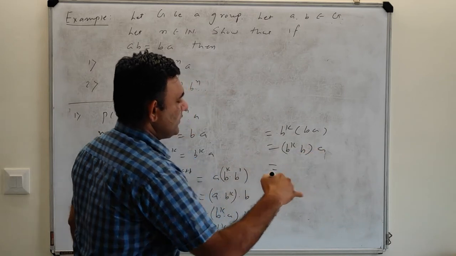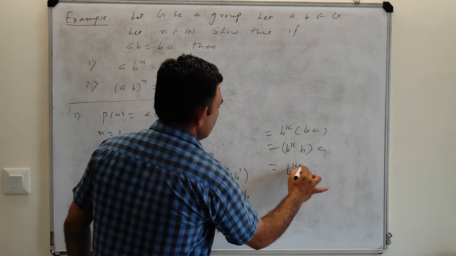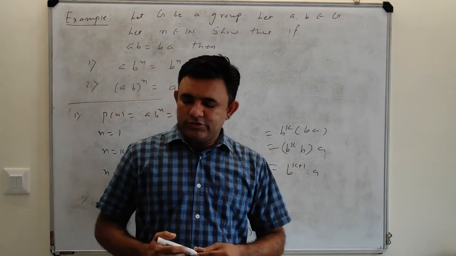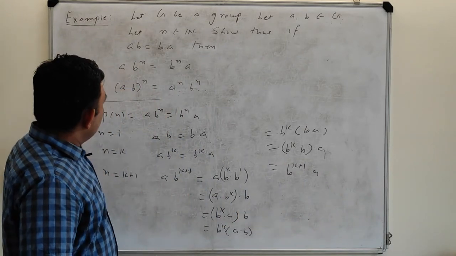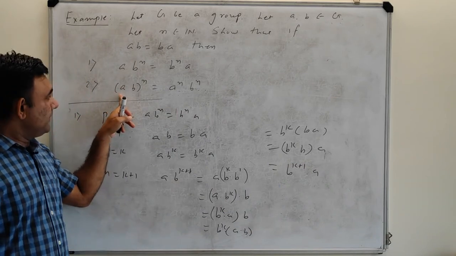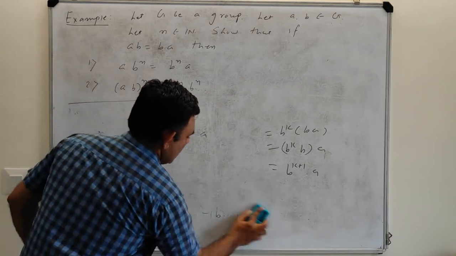So by repeated use of associativity and laws of indices, you have B raised to k plus 1 into A. So AB raised to k plus 1 is B raised to k plus 1 into A. So it is a simple principle of mathematical induction. You can prove this, and once we prove this, we can prove the other thing also in a similar way. So let us write systematically.